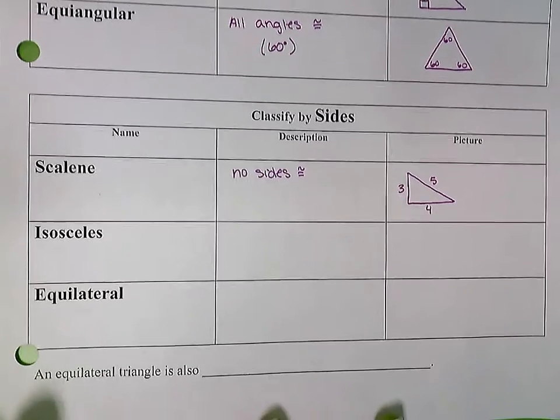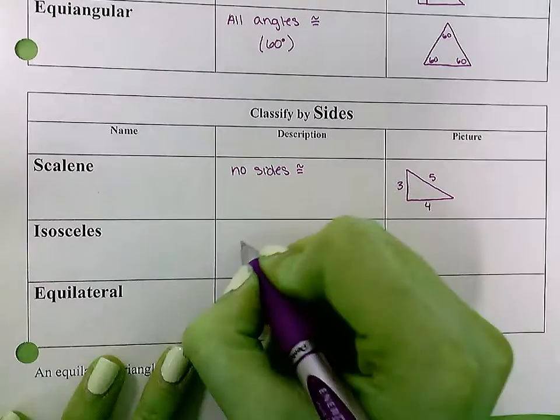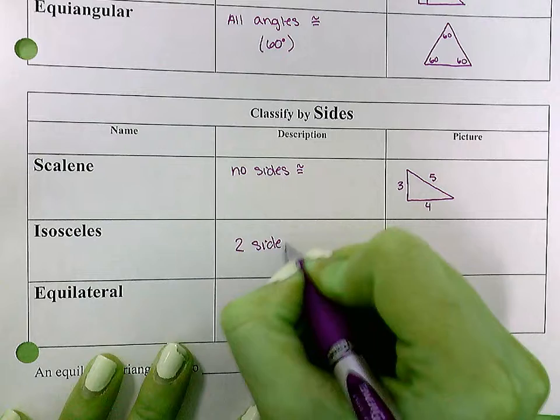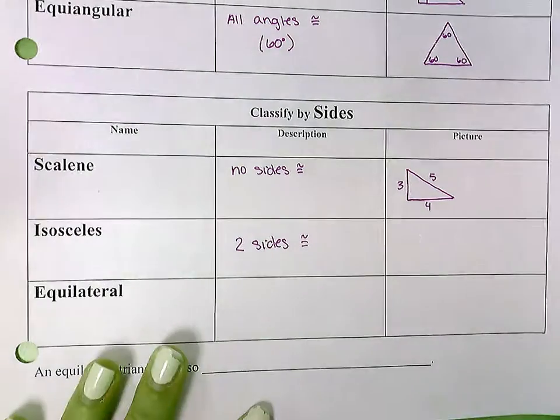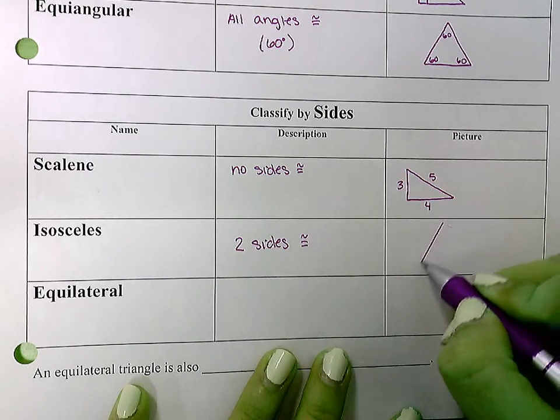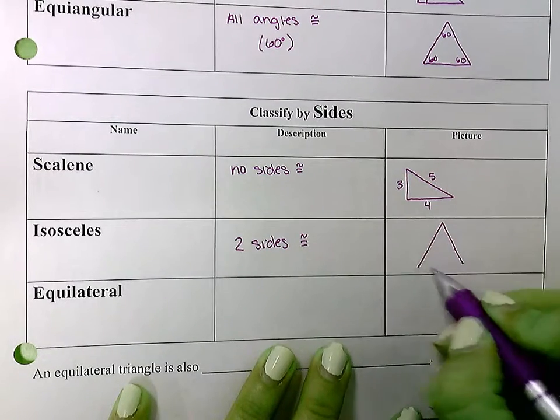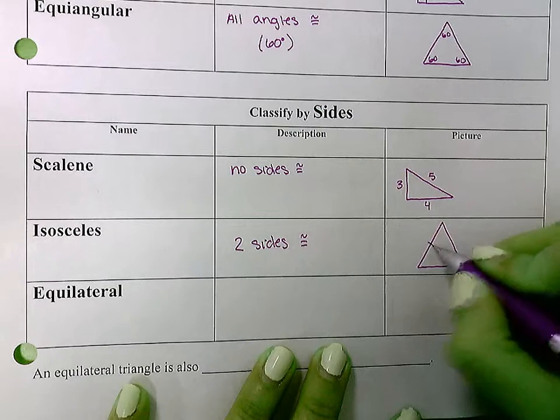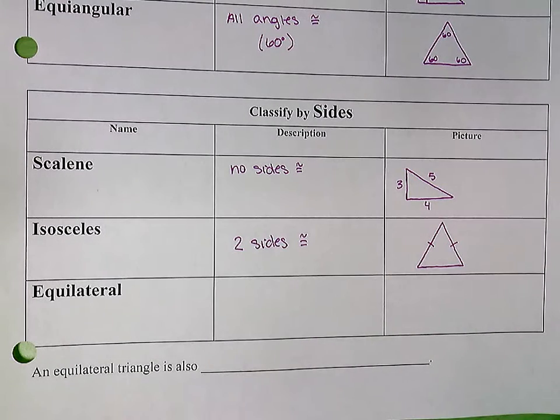An isosceles triangle, you have 2 sides that are congruent. Okay, my picture. And I can label 2 of my sides with those dash marks just to show that they are congruent to each other.